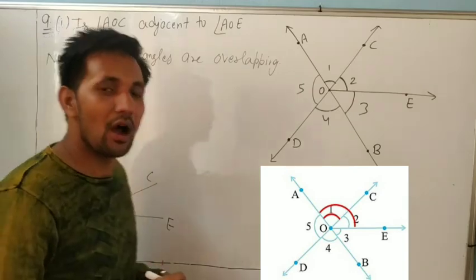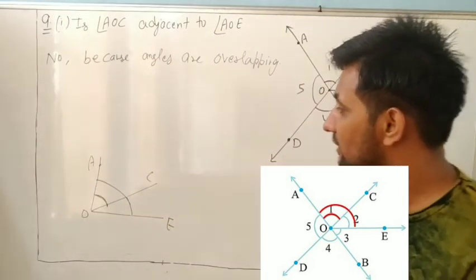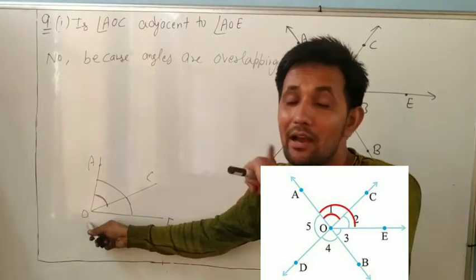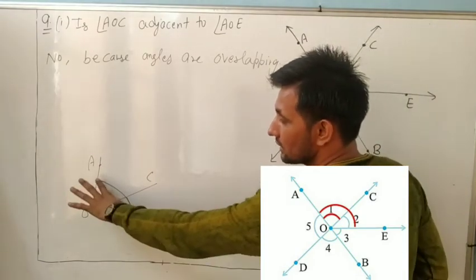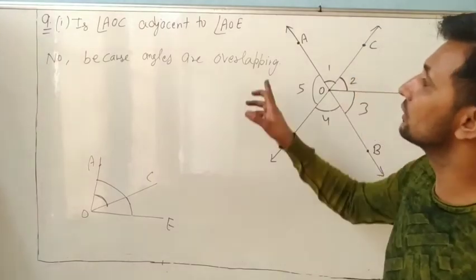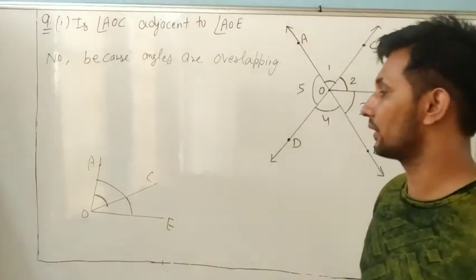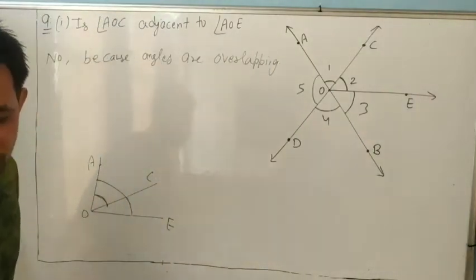They have a common vertex, but they have no common arm. Because angles are overlapping. Understand? So note it down. Next is, dear.